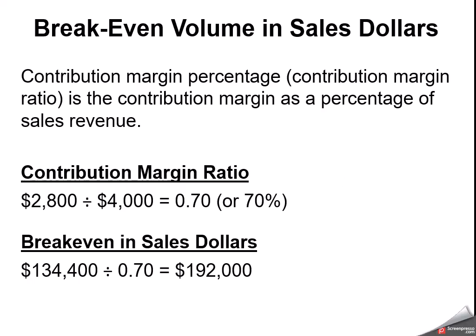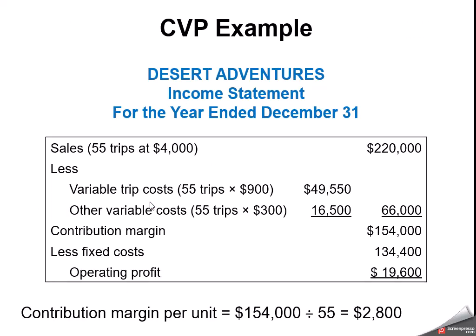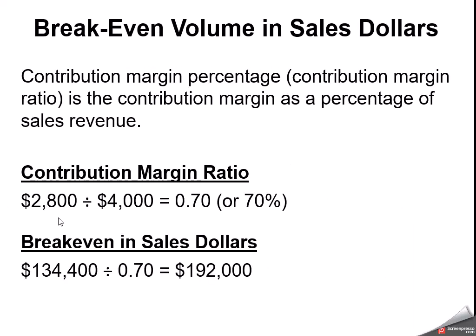Now, what if we don't have the per unit? Sometimes the problems do not have that per unit price and you can't calculate it. Then you can use the contribution margin ratio. Your contribution margin dollar amount divided by your selling price gives you a percent.